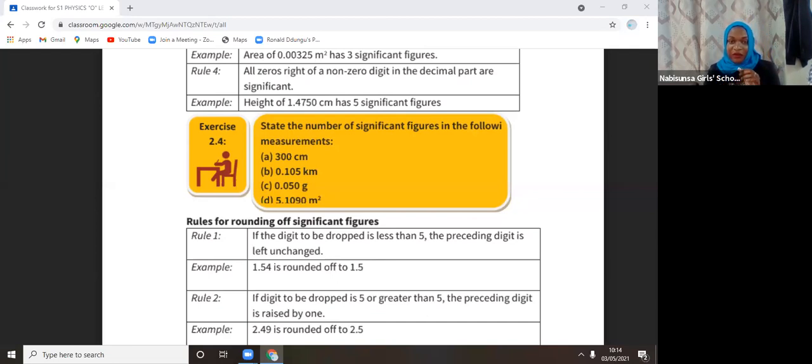Tell me hi, then I tell you that link for posting the work. Are you okay now? No question concerning significant figures? People have understood. That is good. So I'm waiting for the work.